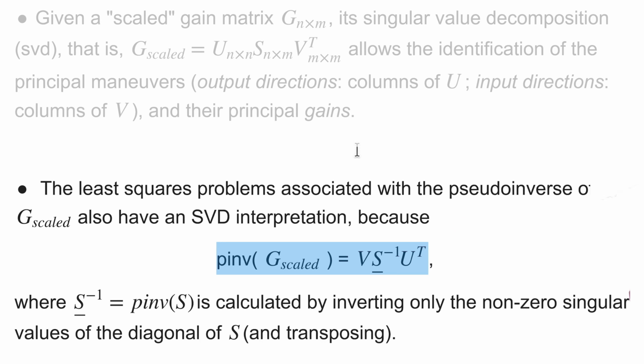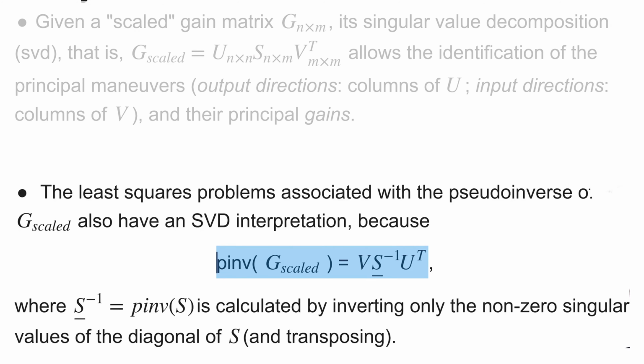Least squares problems are solved by pseudo-inverse matrices, and basically the pseudo-inverse is computed from SVD by swapping the role of capital U and capital V, here we have them, and inverting S. Well, inverting only the non-zero diagonal values in S. This asserts that SVD and pseudo-inverse least squares problems are close cousins, and in fact the idea is that least squares problems amount to not using null space input maneuvers or not requesting null space output setpoint changes. We'll see some examples later on.